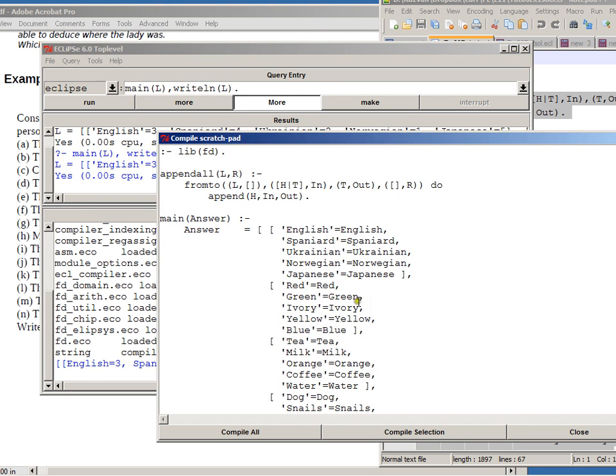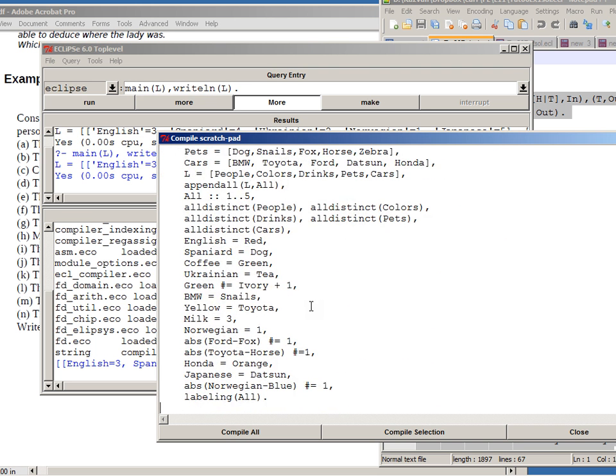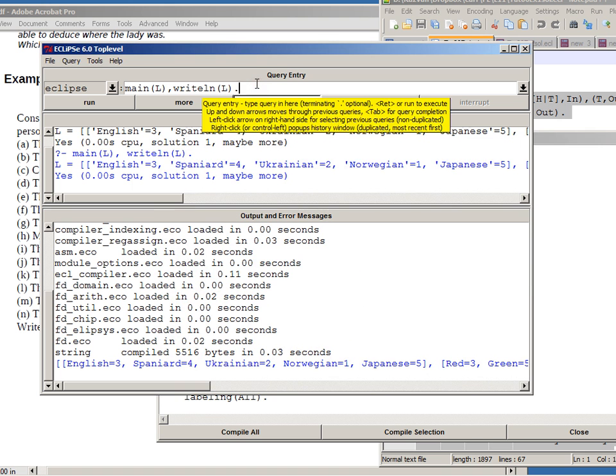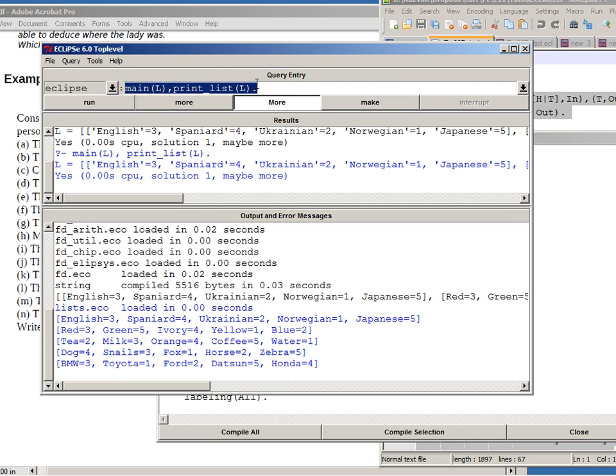So I have defined a predicate, I think it's called print list, that prints a list of lists on separate lines, so we can see it better in this part right here. Okay, clear?